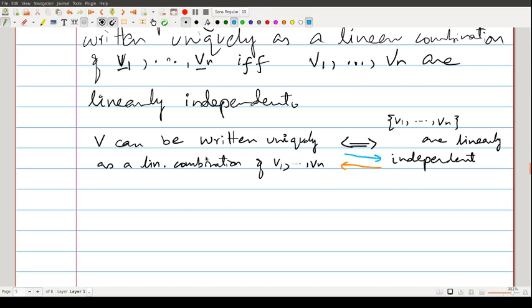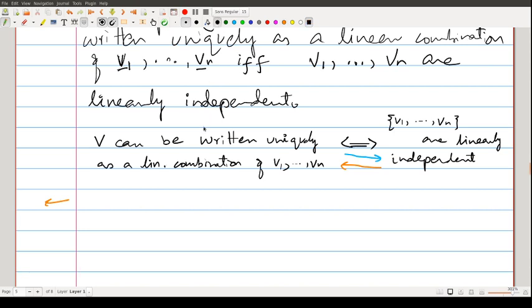Actually, let's start from here. Let's do this direction first. So let's say these are linearly independent.